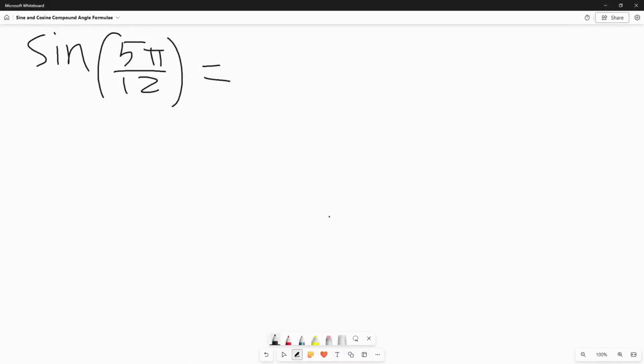And the reason this formula is useful is when we need to find the sine of something like 5 pi over 12, and this value is not on the unit circle, so we can't memorize it, but we can simplify this to sine of pi over 4 plus pi over 6. This is because pi over 4 is 3 pi over 12, and pi over 6 is 2 pi over 12.